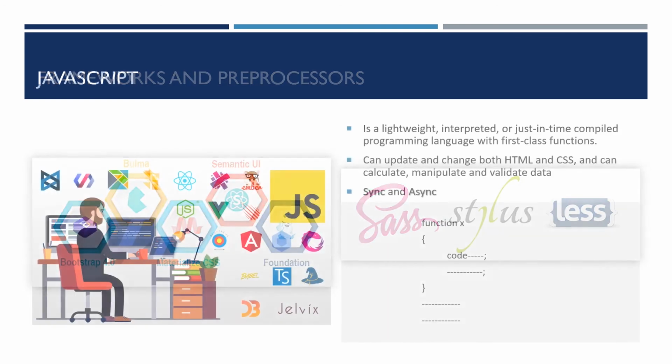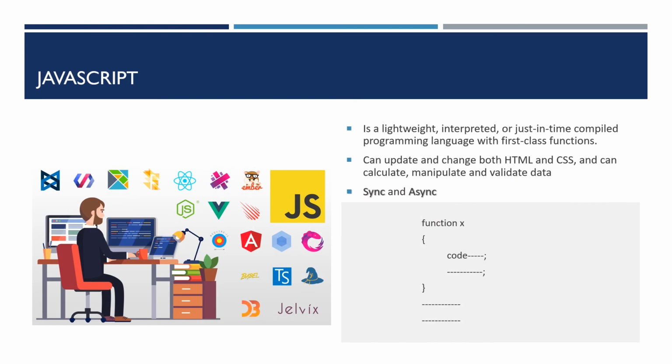And we have the last layer for the front-end side, which is JavaScript, a lightweight interpreted or just-in-time compiled programming language with first-class functions. We can update and change both CSS and HTML, and can calculate, manipulate, and validate data.